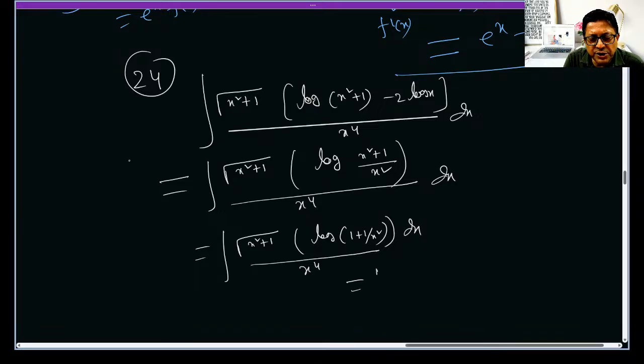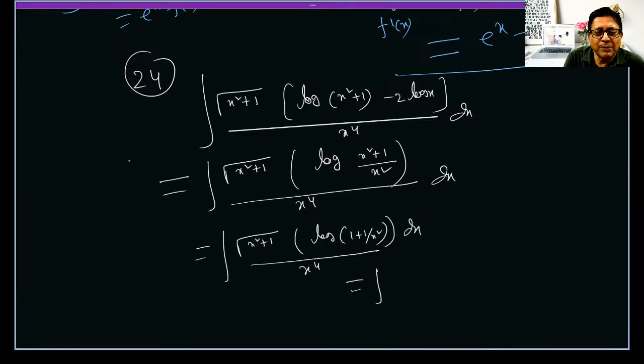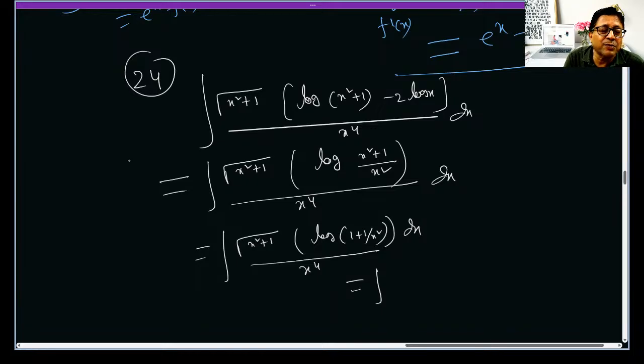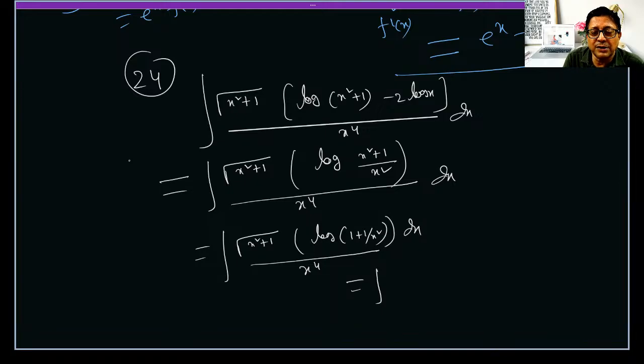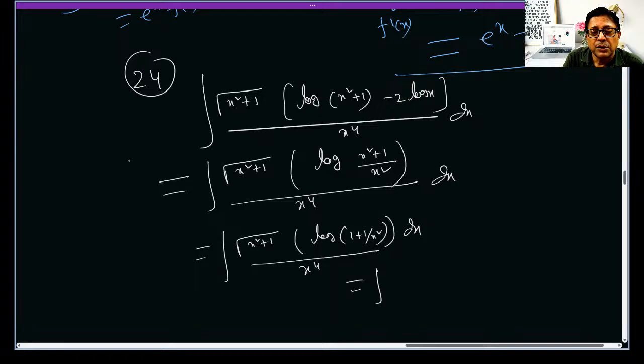So this will be changed to, now whatever you do, log 1 plus x square you have to reduce. That 1 plus 1 by x square, you are going to put z. So its derivative is what? Just look at that. It will be minus 2 by x cube. So take it accordingly. You write x square plus 1 by x will be getting this form.